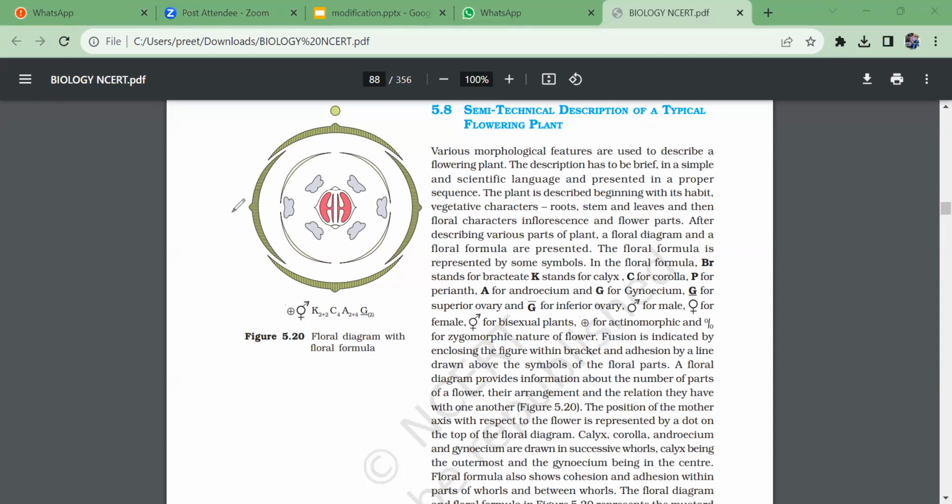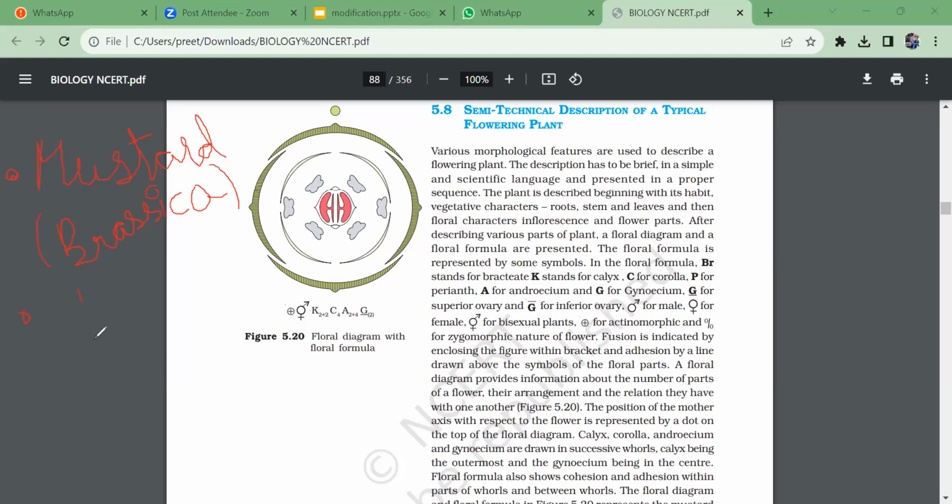So the examples for Brassicaceae, first one is mustard. Its other name is Brassica. This is mustard.